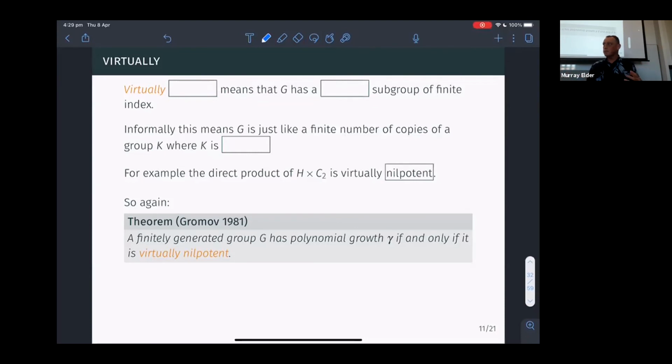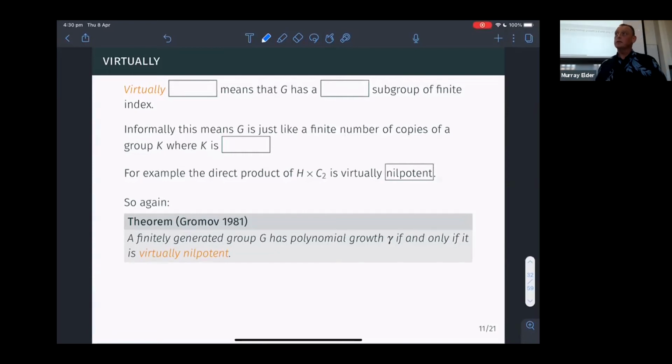It was known before, I think it's Bass, that being virtual doesn't change the usual growth function. If you take a finite index subgroup, the growth function doesn't change. So I think Bass already calculated that any nilpotent group of step c has a polynomial growth function related to c, probably c plus 1 or something like that.